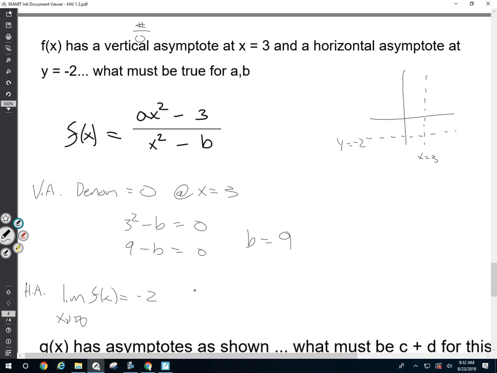Well, ax squared minus 3 over x squared minus b. Cancel the 3, it's insignificant. Cancel the b, it's insignificant compared to the growth of x squared in the numerator and x squared in the denominator. Okay? Because we're plugging in very, very large numbers. This simplifies to be ax squared over x squared. This is just a. Well, a has to equal -2.